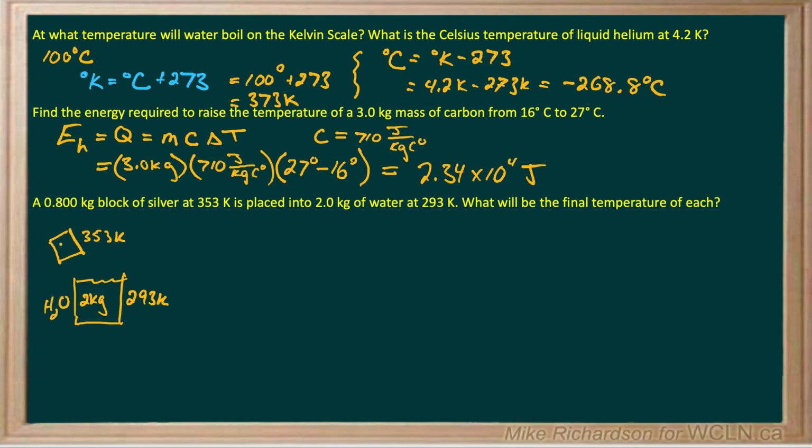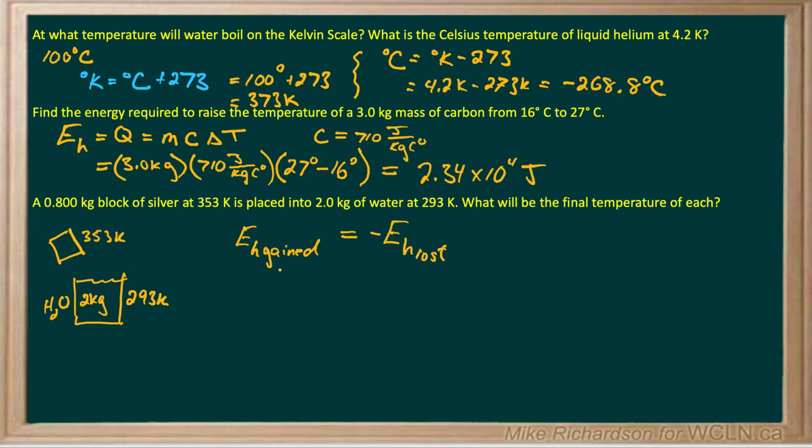So when I add the silver to the water, of course the silver is going to start to cool down and the water is going to start to heat up. So once again, energy has to be conserved. And we say that the heat gained, whatever's gaining thermal energy, has to be countered in order to keep energy conserved by whatever's losing thermal energy. So heat gained is equal and opposite, notice the negative, to the heat lost.